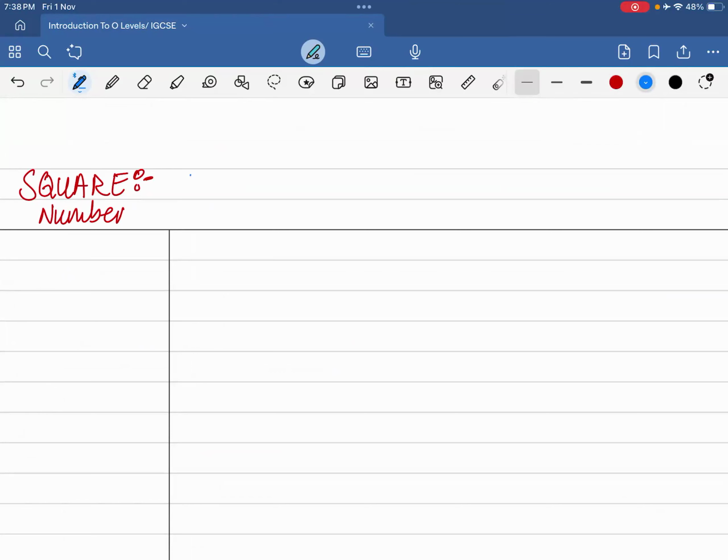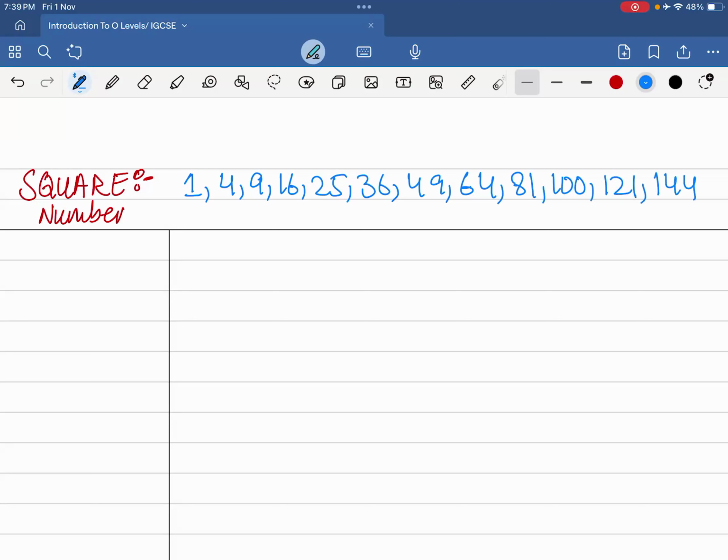So better remember that 1 square is 1, 2 square is 4, 3 square is 9, 4 square is 16, 5 square 25, 6 square 36, 7 square 49, 8 square 64, 9 square 81, 10 square 100, 11 square 121, 12 square 144, 13 square 169, 14 square 196, and 15 square 225.